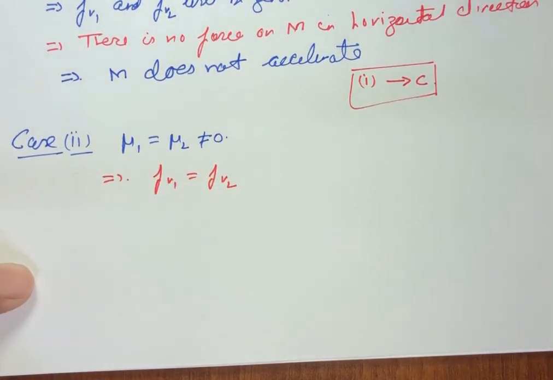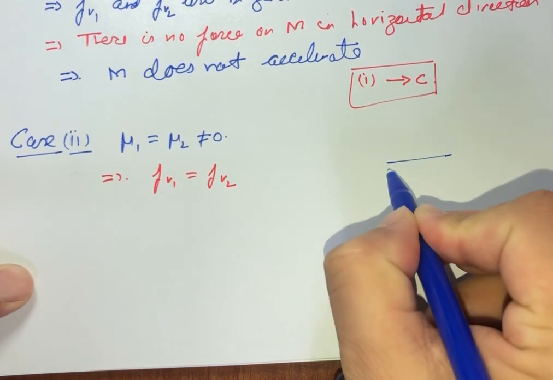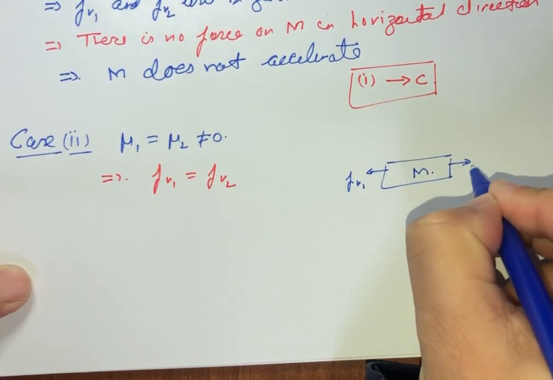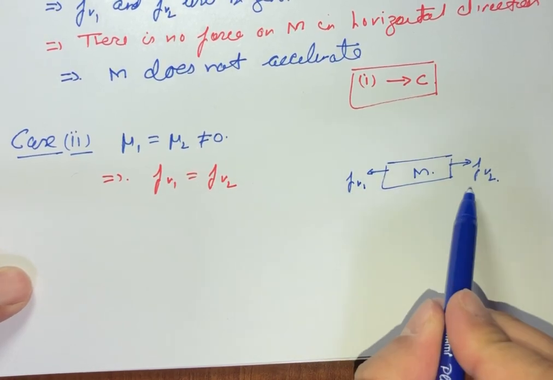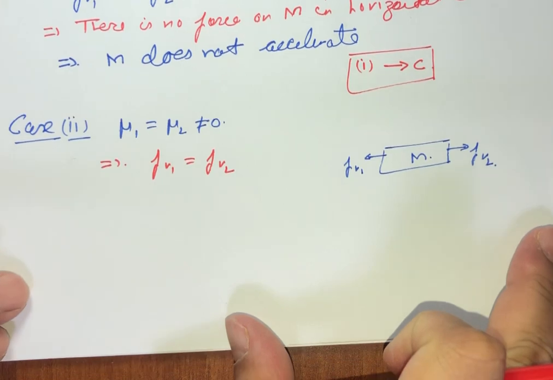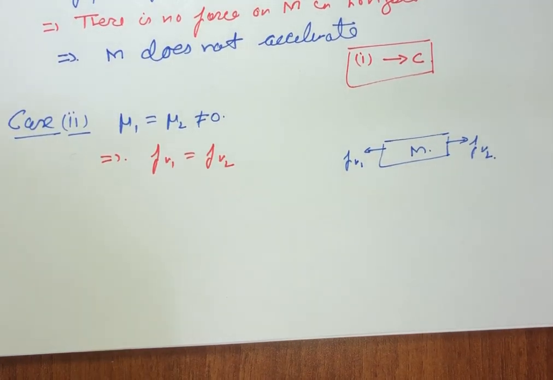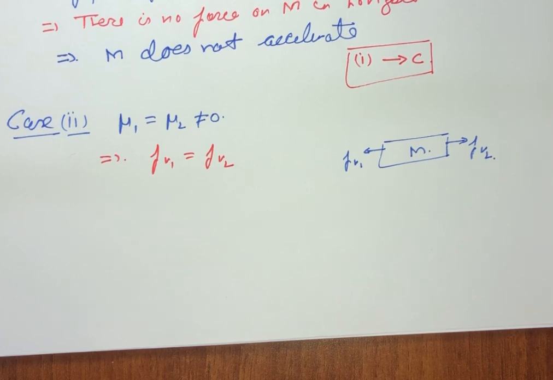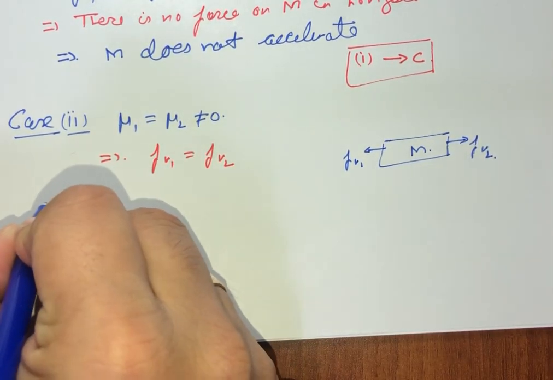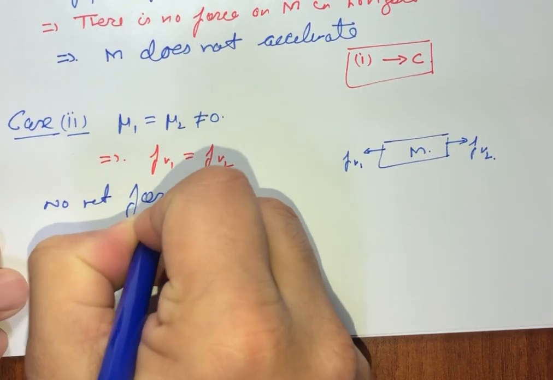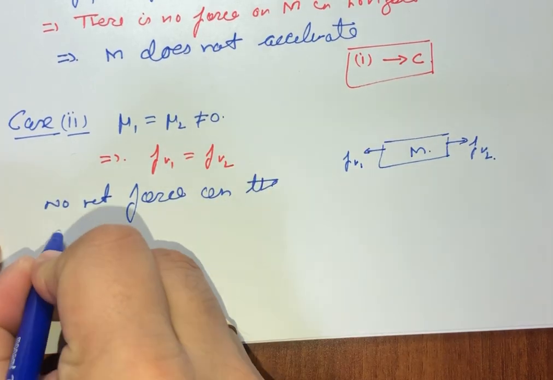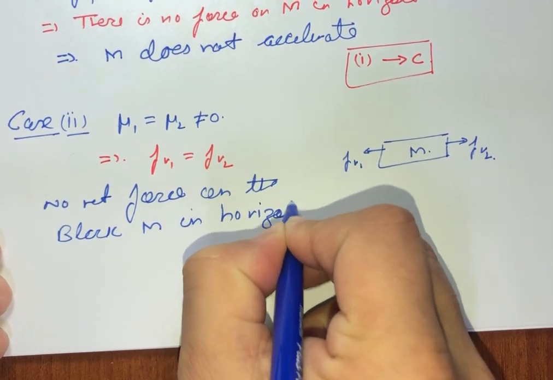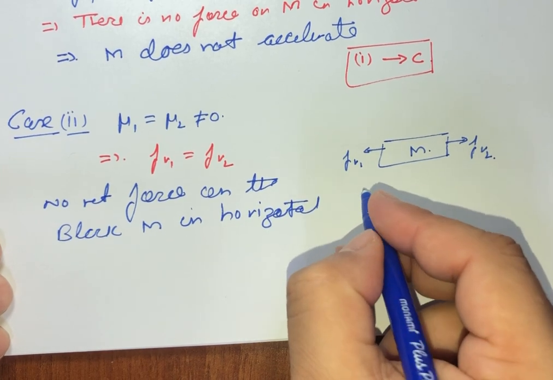Therefore, let us say this is our block M. We have FR1 towards left and FR2 towards right, and if both the forces are equal, there is no net force on block M in the horizontal direction.